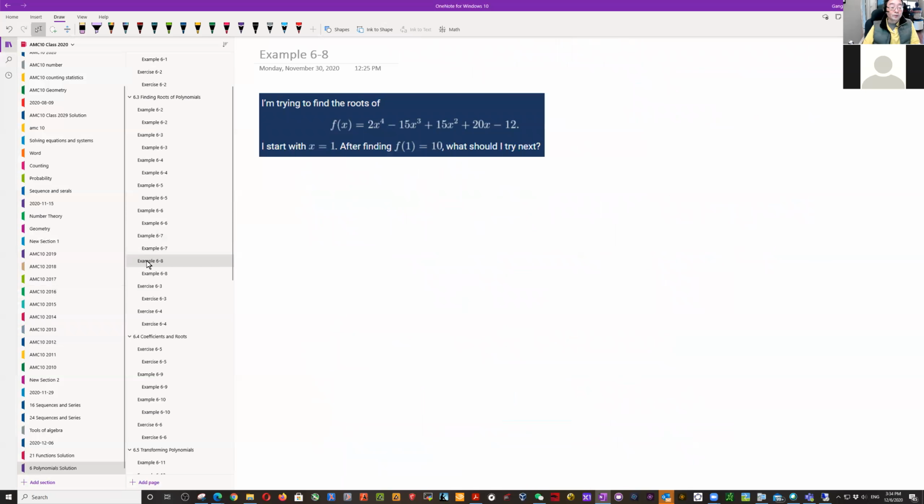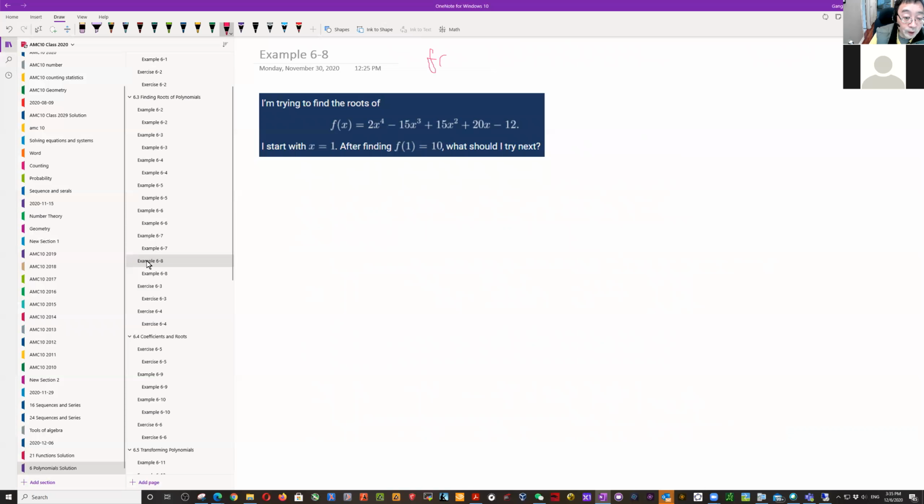Let me try to find this root, starting with x equal to 1. Starting with x equal to 1, I find f1 equals 10.